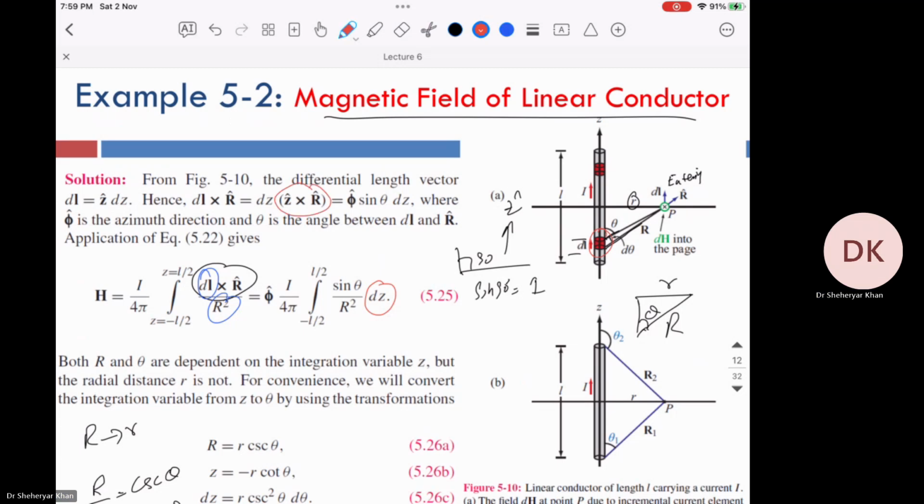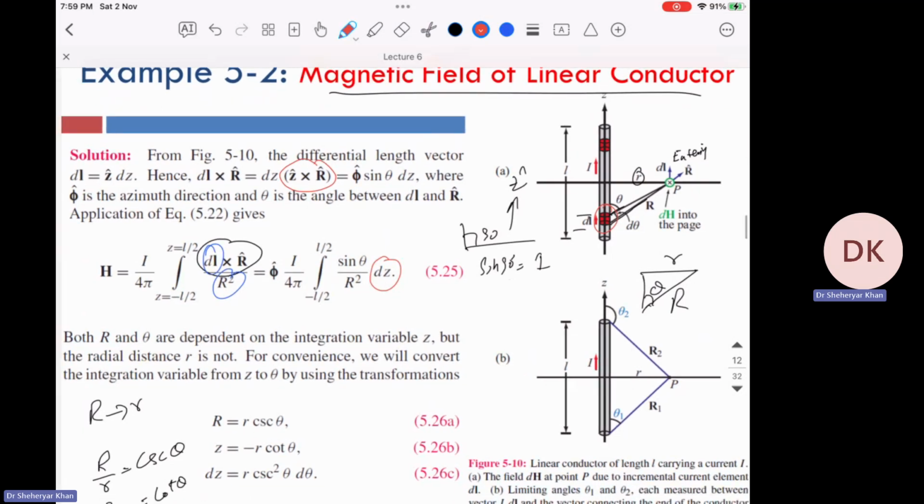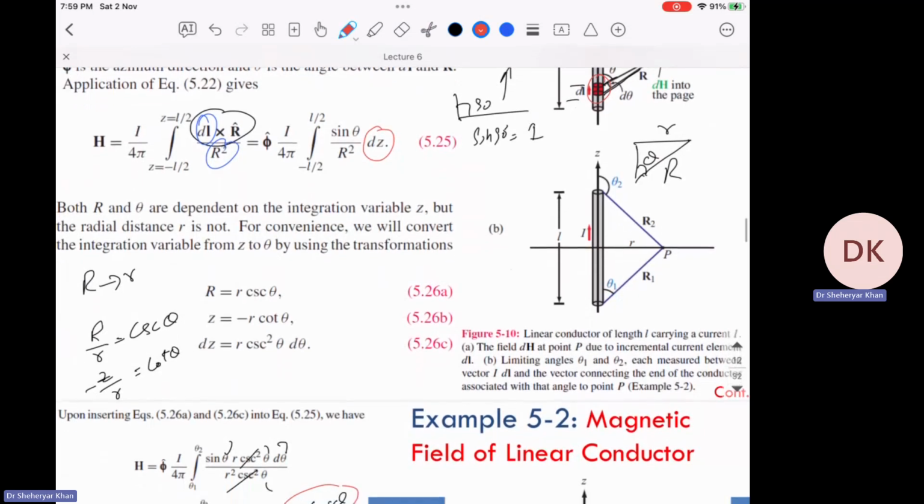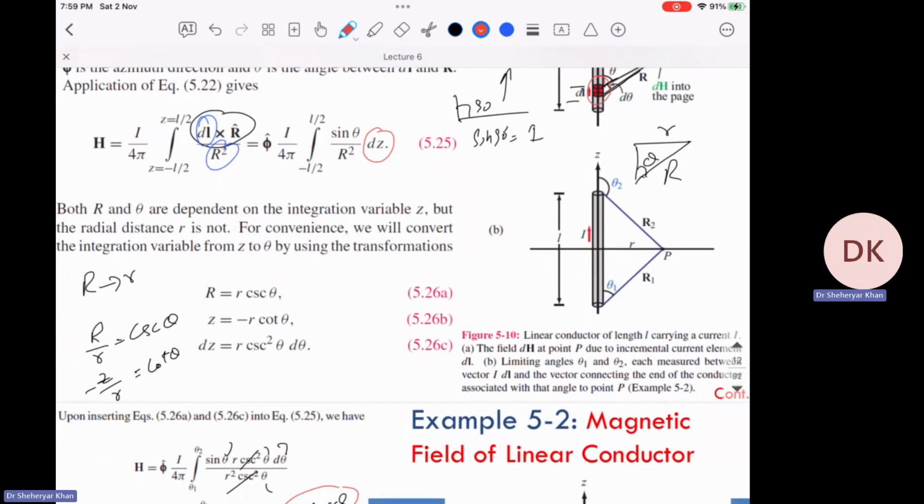So we solve in this coordinate system: 1 over 4 pi, integrated from minus L by 2 to L by 2, and then we have dL cross R sine theta over R square, because this angle is theta, right? If we can solve this integral, we can find the magnetic field due to a long conductor.